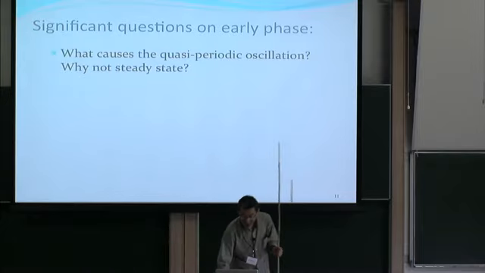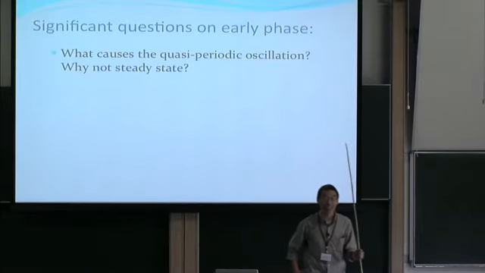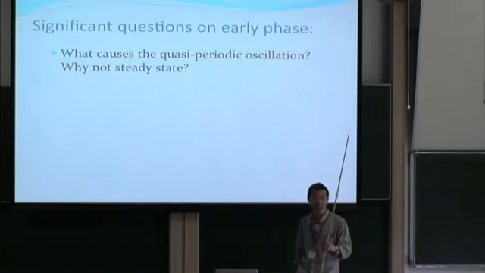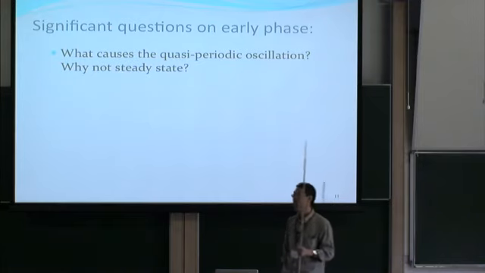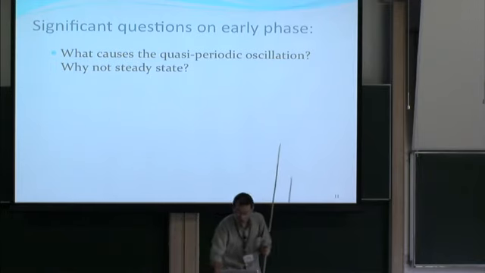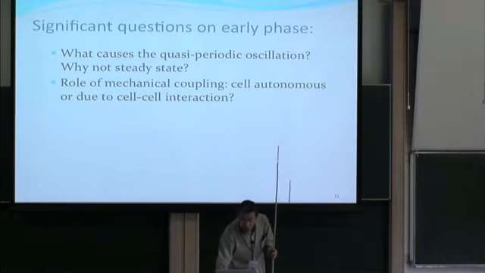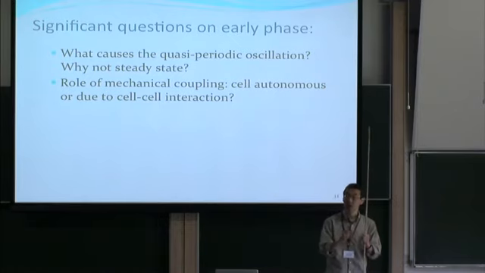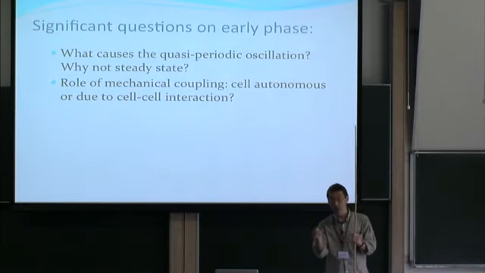So that's my first question, actually. What's really causing this? Why does this tissue oscillate like that? I'm not talking about the evolutionary benefit that comes from this, but rather mechanically or chemically, what's really happening? What's driving this? That's a question. Whether this oscillation originates from the cell itself or from cell-cell coupling.